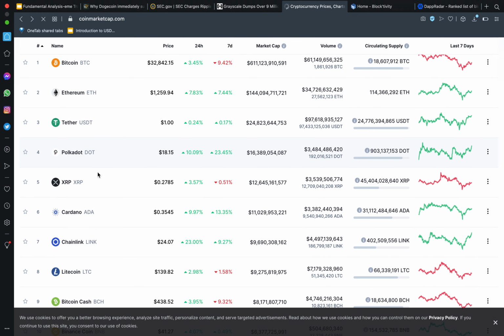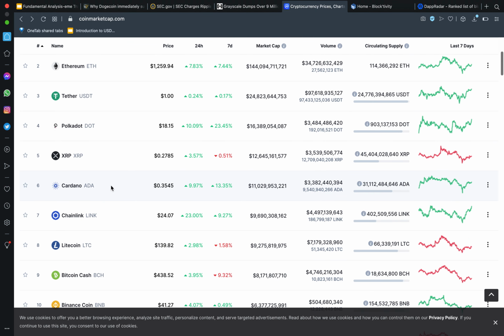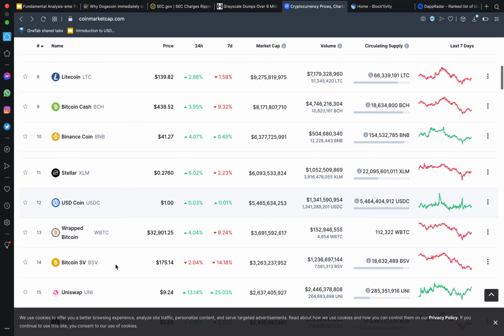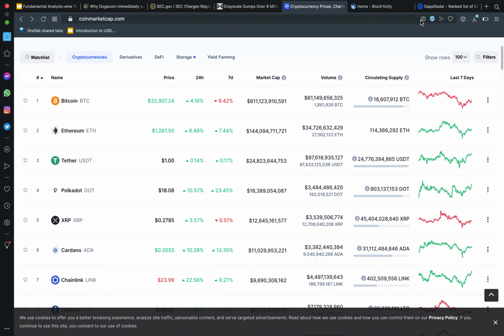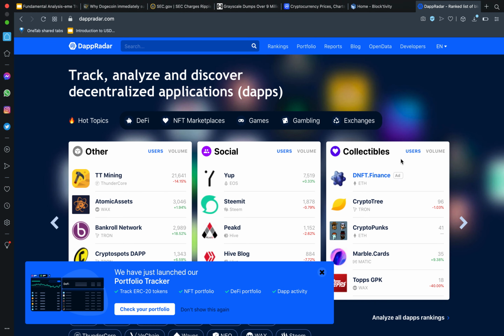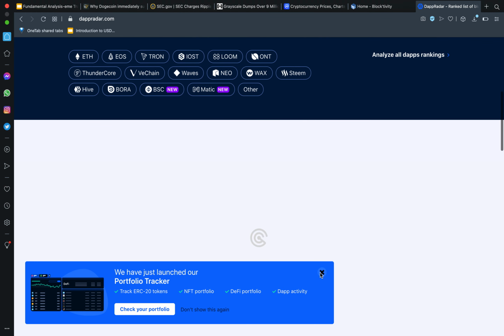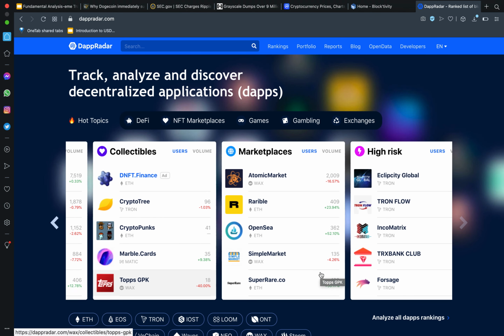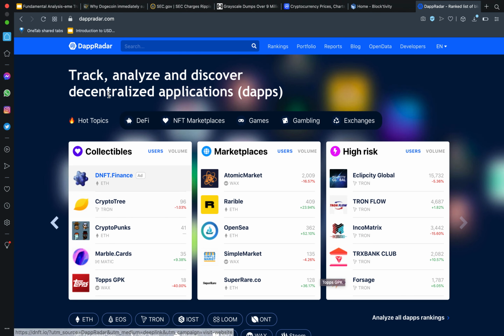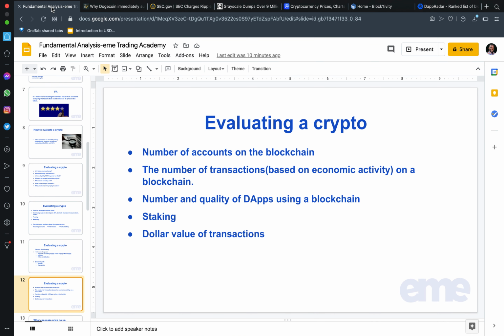I don't know much about Polkadot, but I know Cardano, EOS is there, and many others. All right, so you can look at dApp Radar and see, okay, how many dApps are on Ethereum, how many dApps are on EOS. It gives you a feel of the level of involvement, the level of adoption of that particular blockchain, and hence its cryptocurrency.